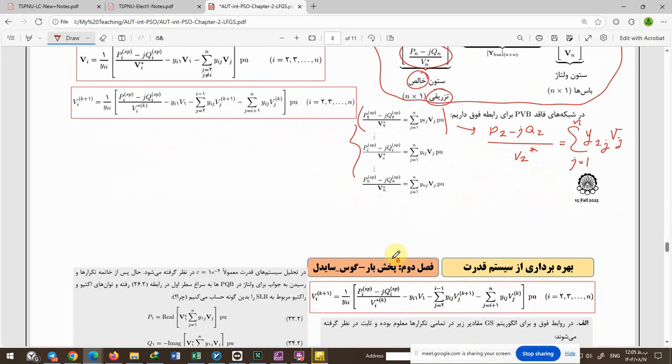For example, for bus number 2, we can write: P2 minus jQ2 over V2 conjugate is Y21 V1 plus Y22 V2 plus Y23 V3 plus Y24 V4 plus Y25 V5.